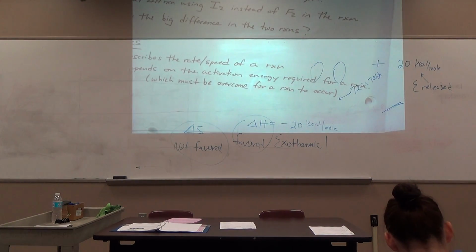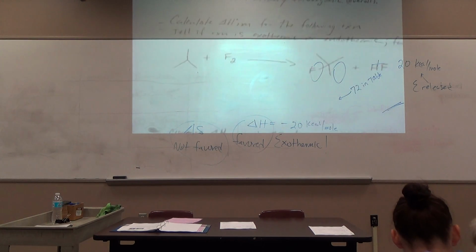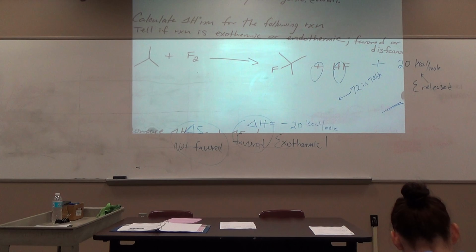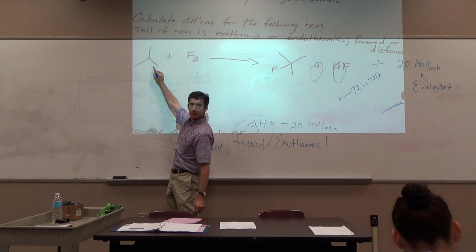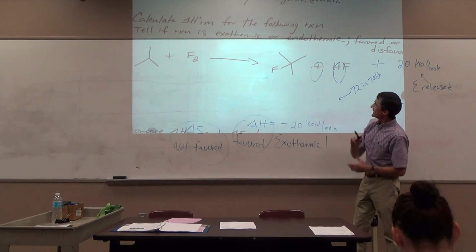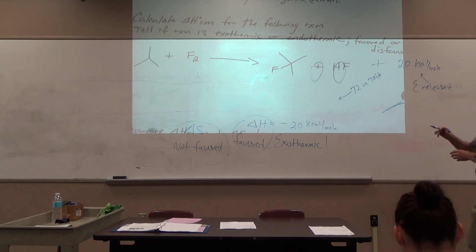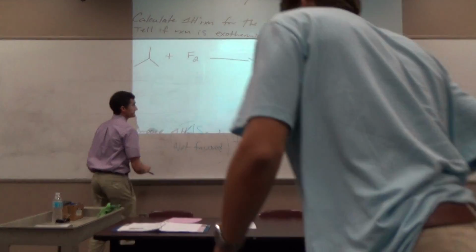Okay, everybody got your calculator? Here's one here. Calculate delta H for the following reaction, and tell whether it's exothermic or endothermic. If you react 2-methylpropane with fluorine, you can get 2-fluoro-2-methylpropane plus HF. What's delta H for this reaction?